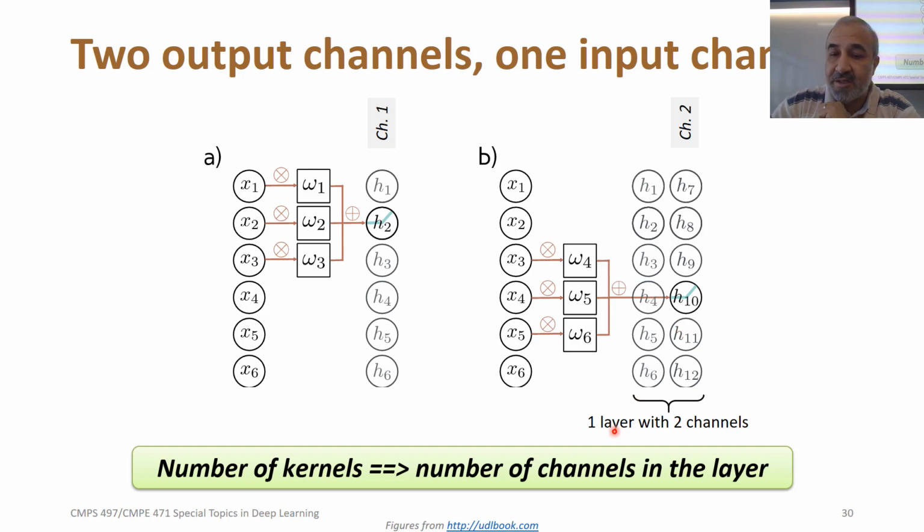So this is one layer with 2 channels. Yes, each kernel will work in parallel, will process the input in parallel. Each one will produce one column of hidden units. We call it a channel.